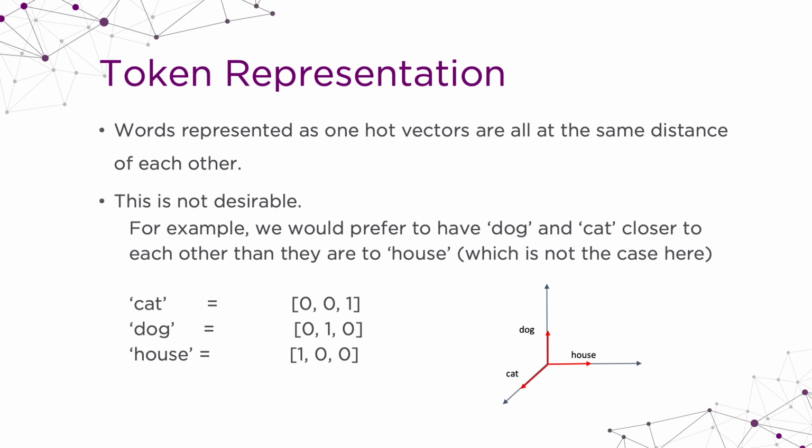In particular, maybe we would have liked cat and dog to be closer than, for example, cat and house, because that would give us some intuition on the semantics of these words. But you see that this is not happening at all, and in fact, this kind of representation is not giving us any hint on the semantics, which is a disadvantage.